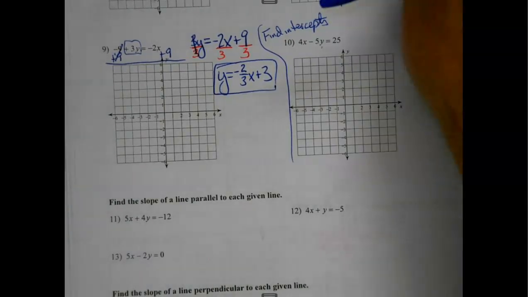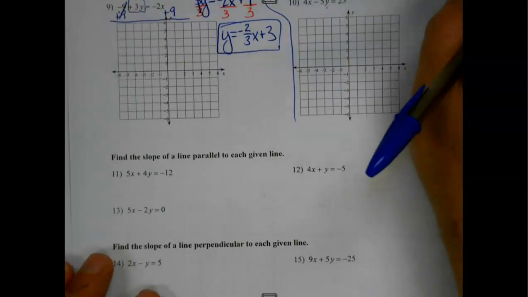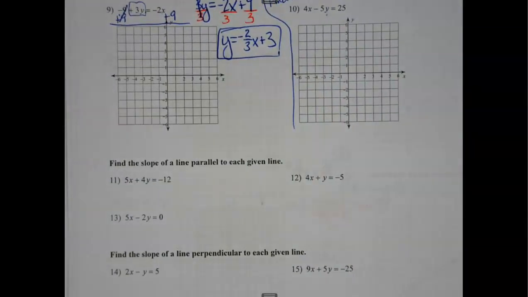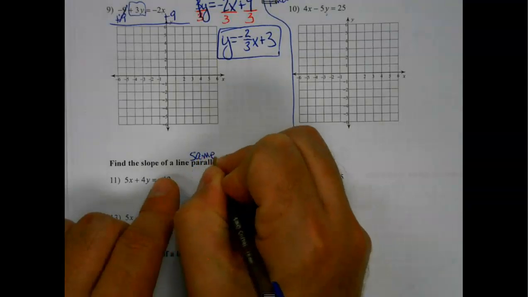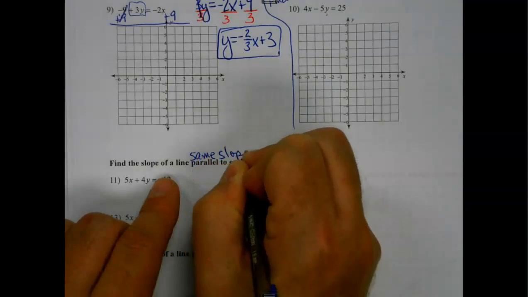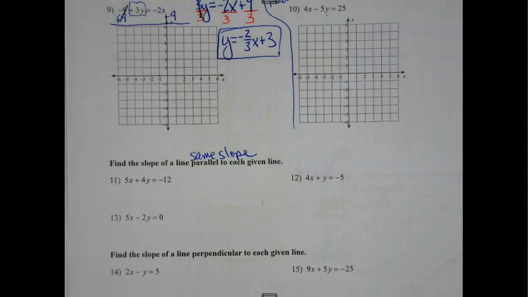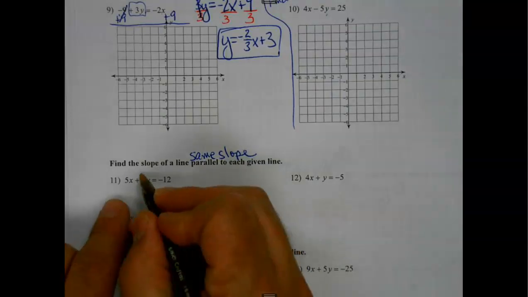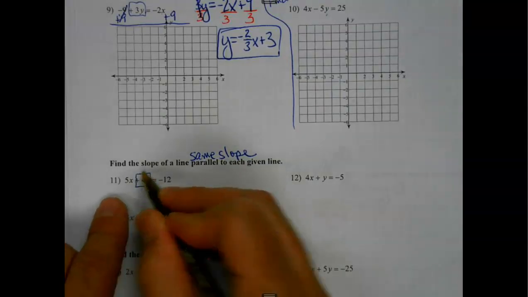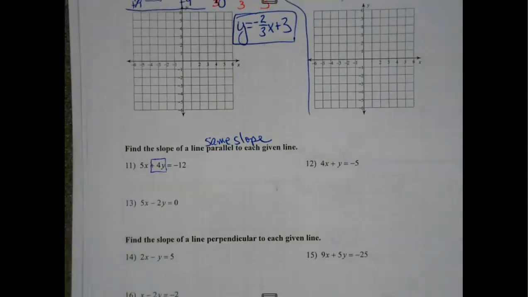Last piece. Find the slope of a line parallel, same slope, to each given line. Bless you. So again, we pick one. Might as well do the first one here. So what we're going to do here is we're going to get these into y equals. That's going to be our only job. So we box in that y term.